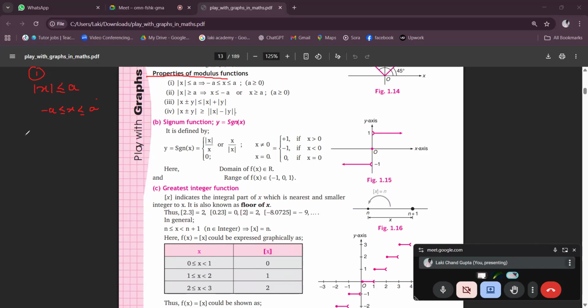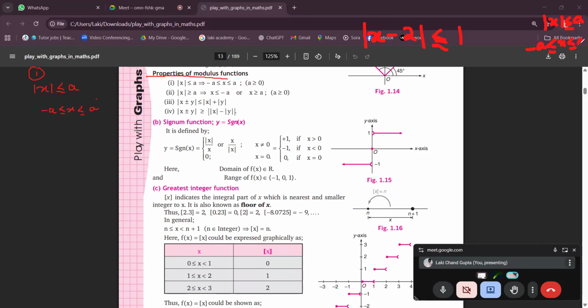For example, if I ask you what is the value of x, then you can say it is of this form. Which property will you use? First property. Whenever mod x is less than or equal to a, you can write minus a to a.